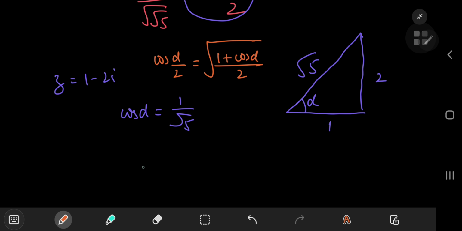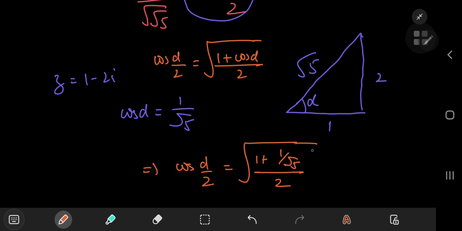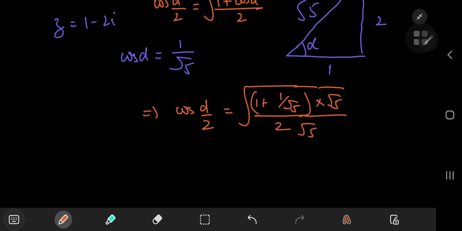Okay, so this implies that the cosine of alpha by 2 equals the square root of 1 plus the reciprocal of the square root of 5, divided by 2. And multiplying upstairs and downstairs by the square root of 5 gives us an interesting result. So you have the square root of the square root of 5 plus 1 divided by 2 times the square root of 5.